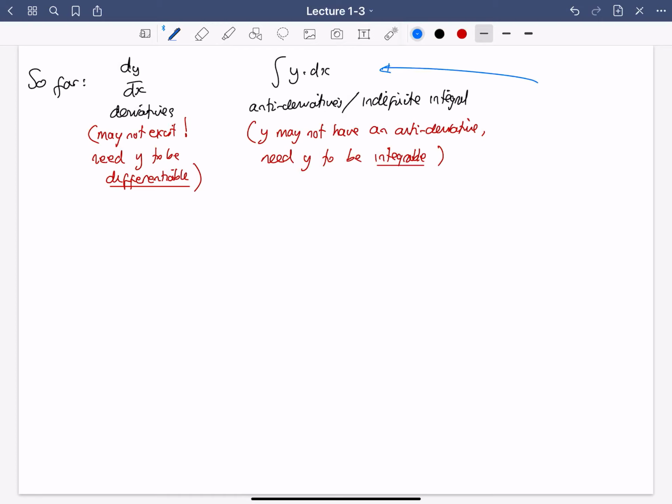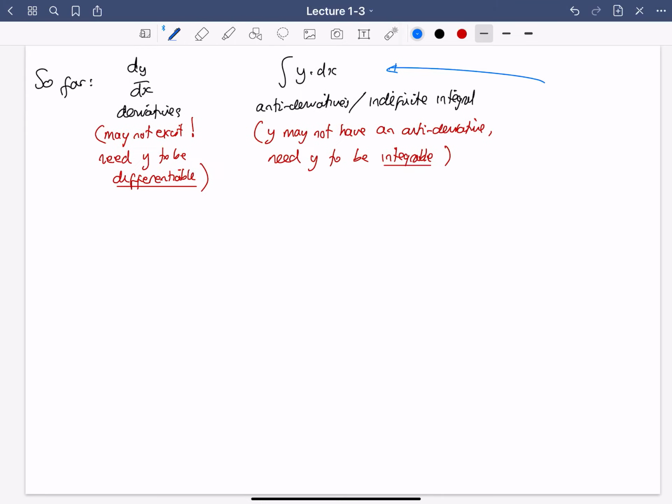Maybe it's worth just reminding you of this notation one more time. That notation, integral y dx, it means a function whose d by dx is equal to y. So it may not exist, but if that function y is integrable, this antiderivative, it's actually not unique.